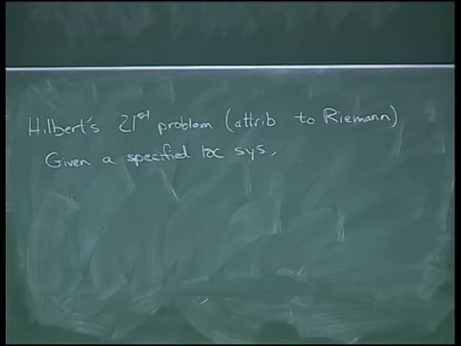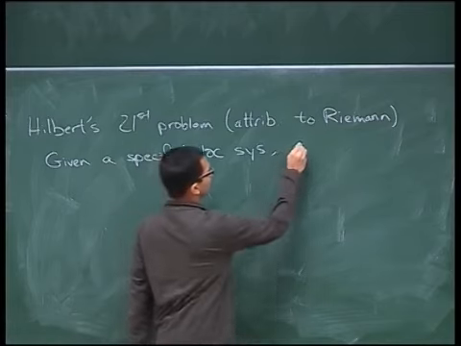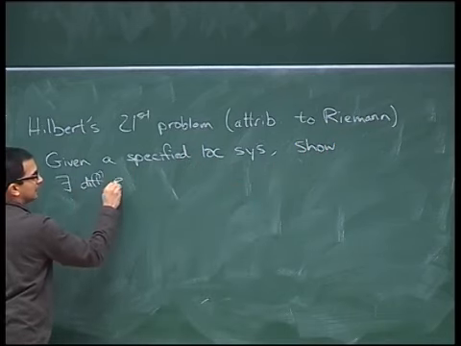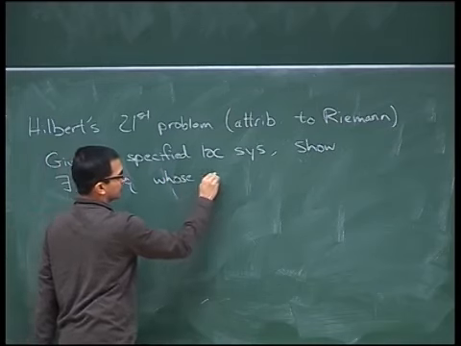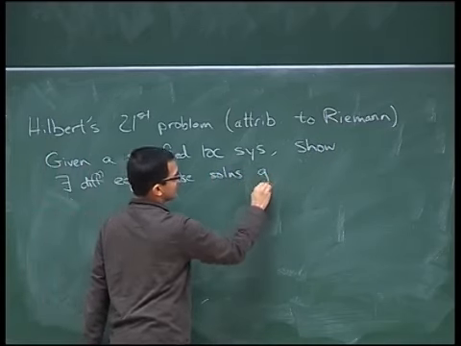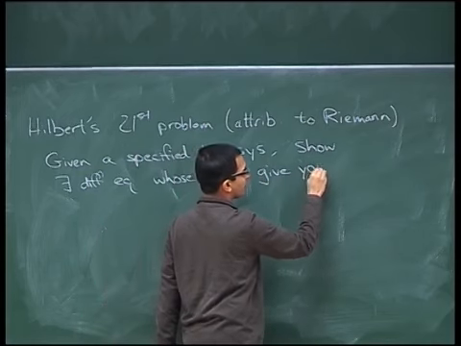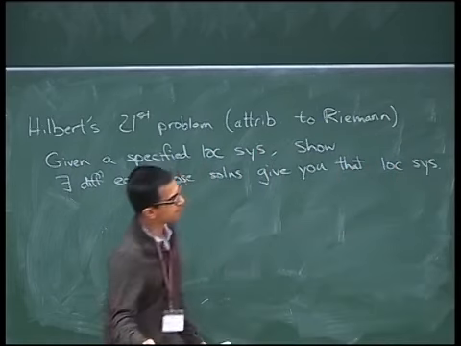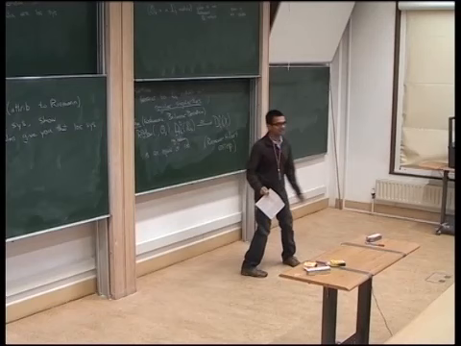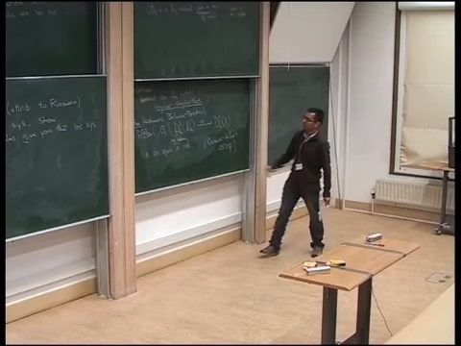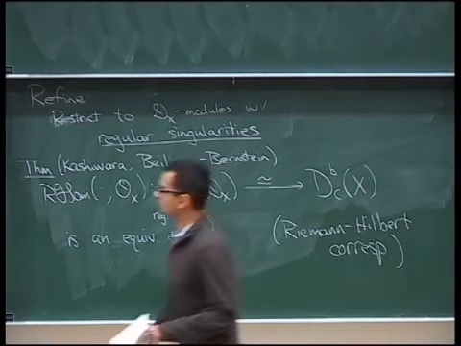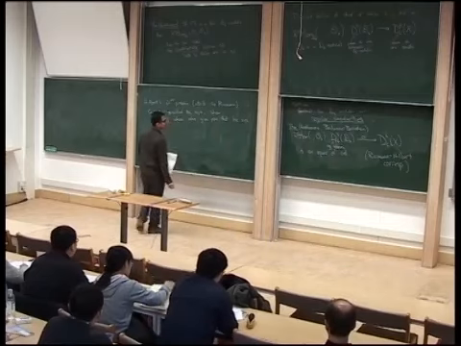But it's equivalent to saying, given a specified local system, show that there exists a differential equation whose solutions give you that local system, or form that local system. So that's something like saying, well, Hilbert's 21st problem, sort of a much generalized and fancified version of it, is saying, show that this functor is surjective. So anyway, it turns out that it's not just surjective, it's an equivalence of categories.